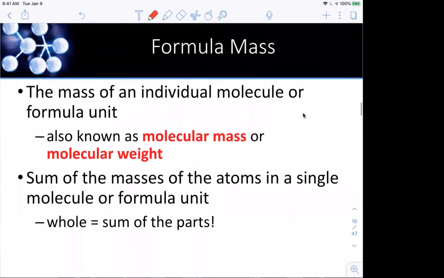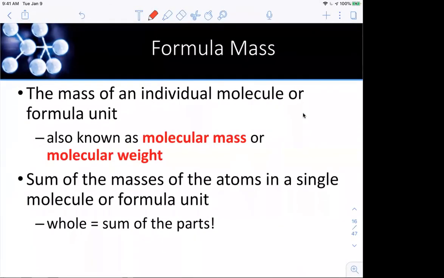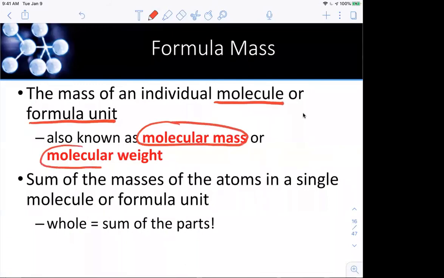Now let's look at formula mass. This is going to be the mass of an individual molecule or a formula unit. This can also be characterized as molecular mass or molecular weight.